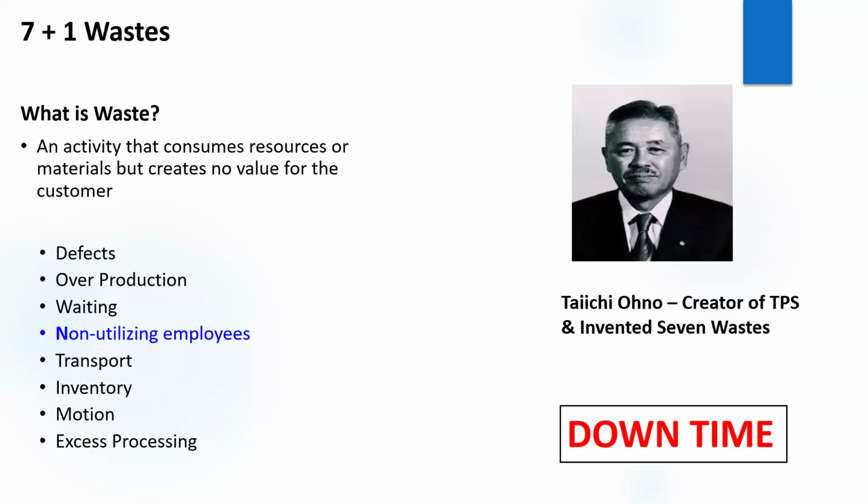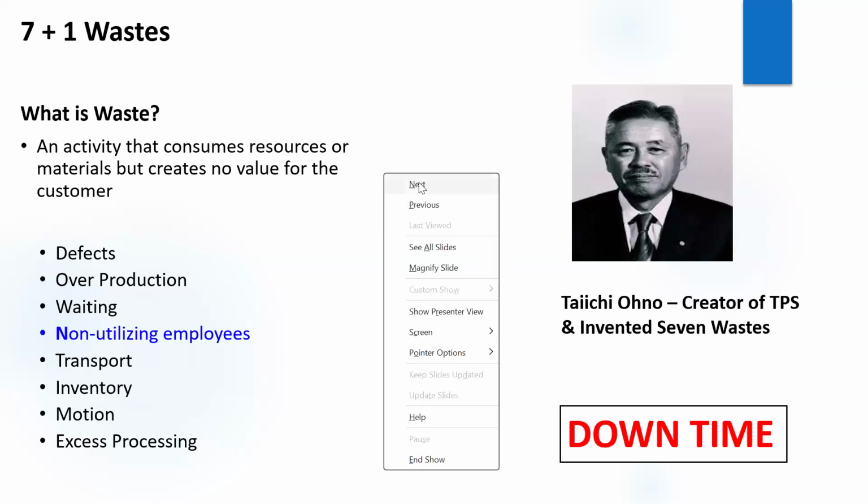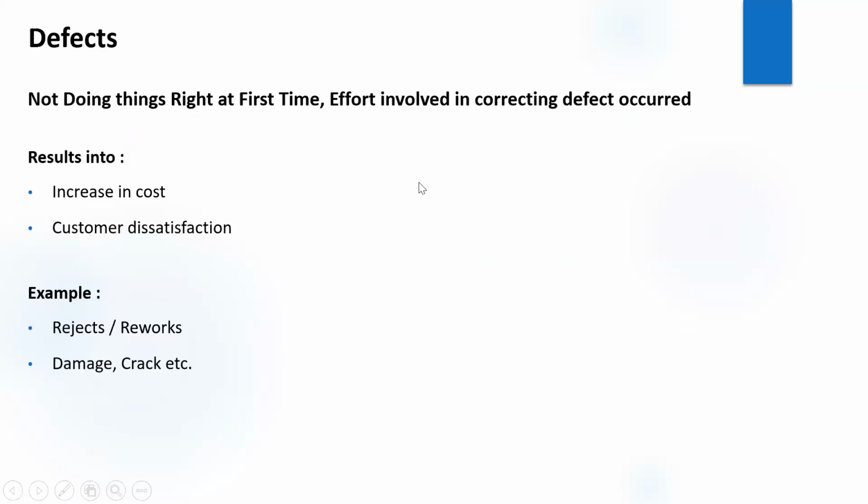Okay. So D for defects is clear, O for overproduction is clear. We will see some slides on that, and then I will describe waiting for you. For example, defects. Just look at this. It is more detailed. What is a defect? Not doing things right the first time.